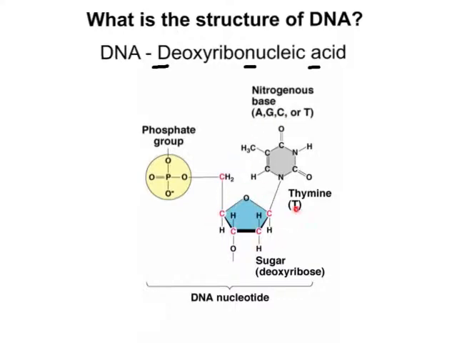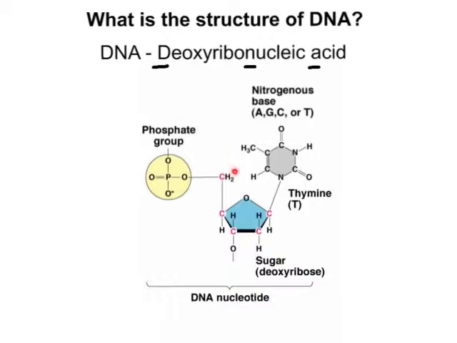And the third component of this nucleotide is a nitrogenous base. It's a great big word. It means it's a base that has nitrogen in it somewhere. It can vary. There are 4 different nitrogenous bases, and this can be any one of those.